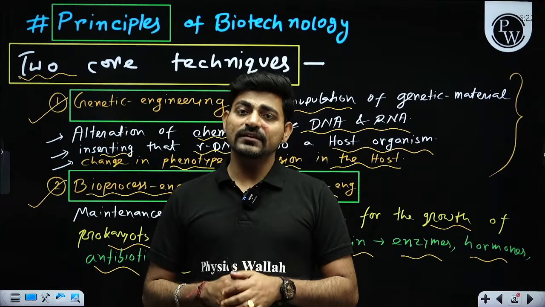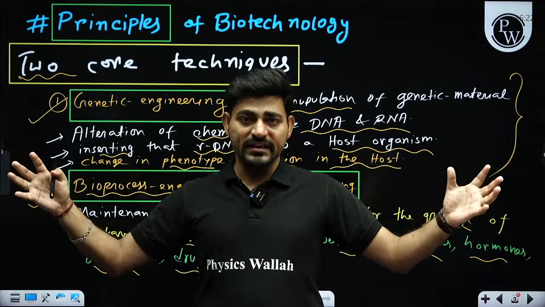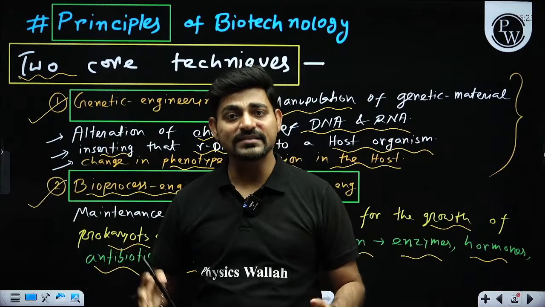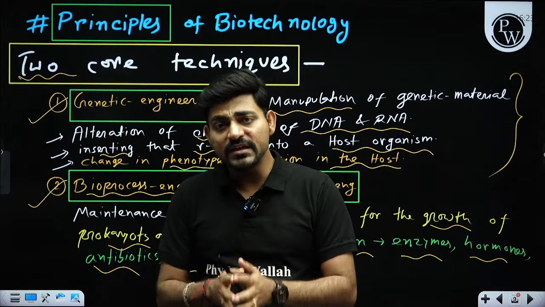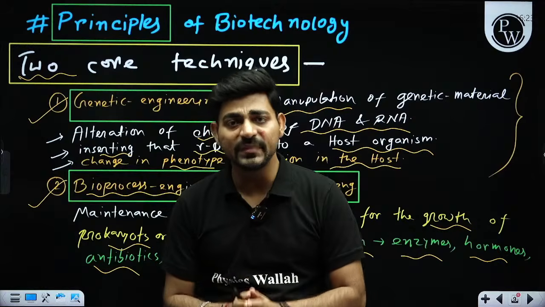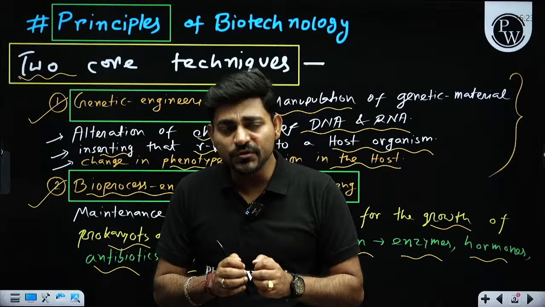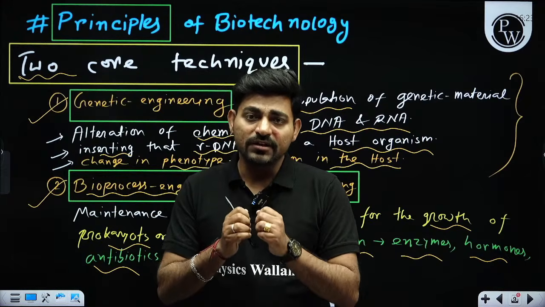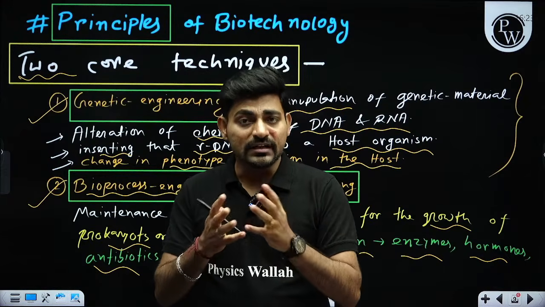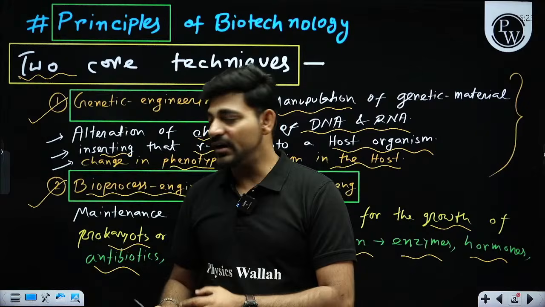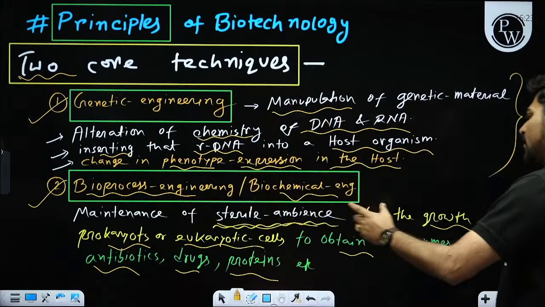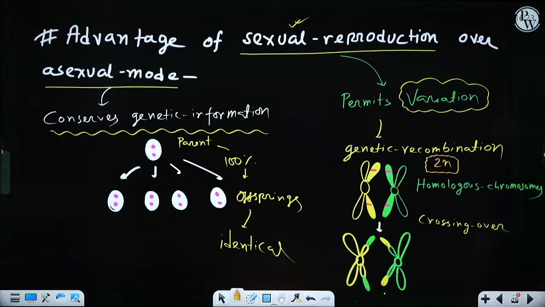For that you need a huge facility, and that should be sterilized. You have to provide that ambience, and providing that ambience to produce a genetically modified organism, to culture it or to obtain the product, is biochemical engineering or bioprocess engineering.